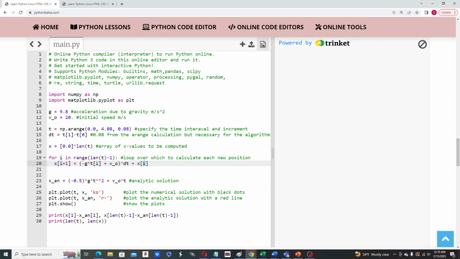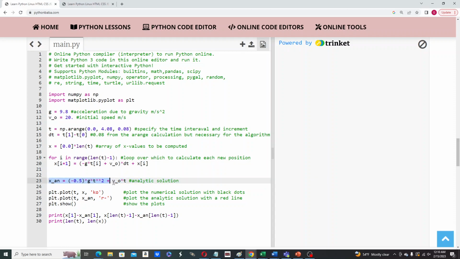Then, once it's done, the i is going to move to 1, and I'm going to compute the x2 element, and this will be using the t1 element as supplied from the array up here. And this will be the x1 element that we just found, and we just keep doing this over and over and over until the loop runs out.